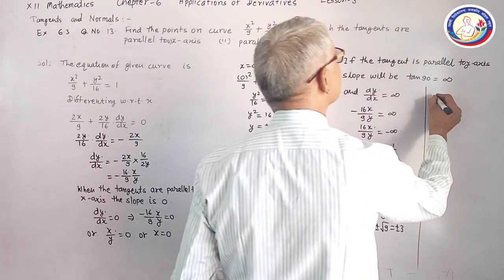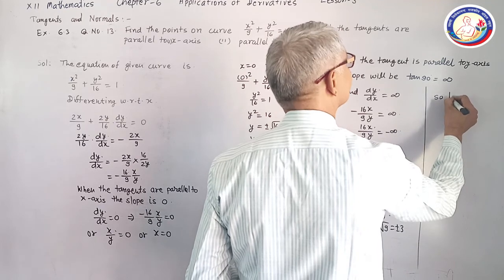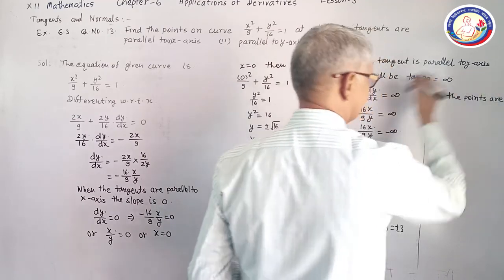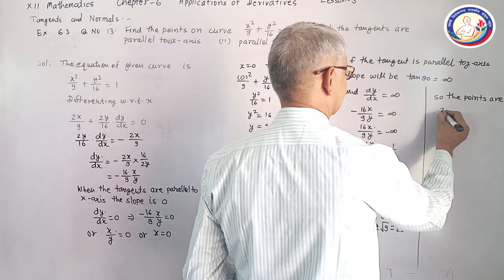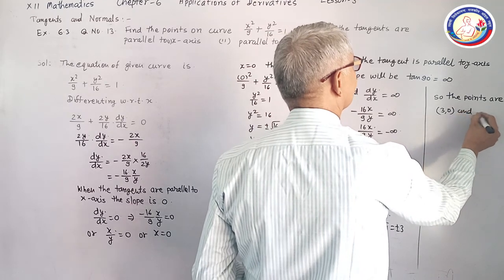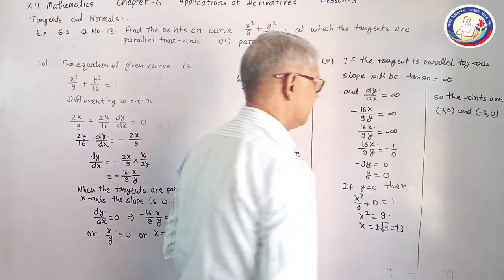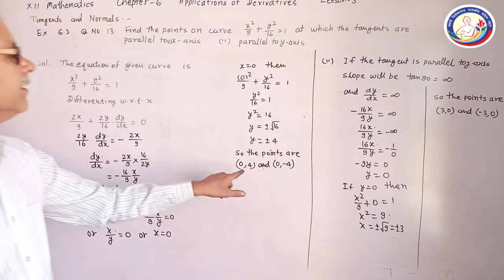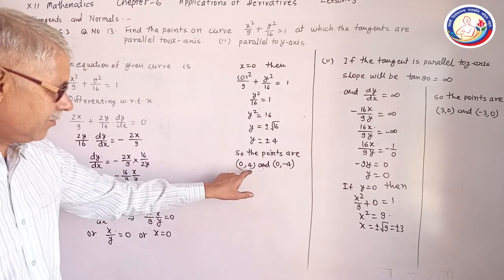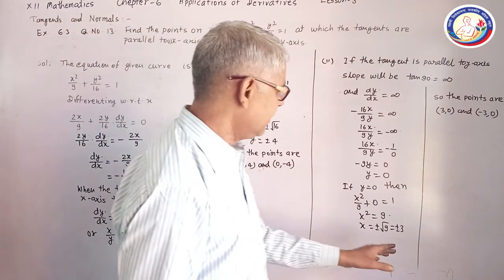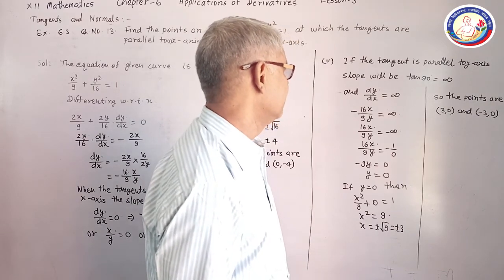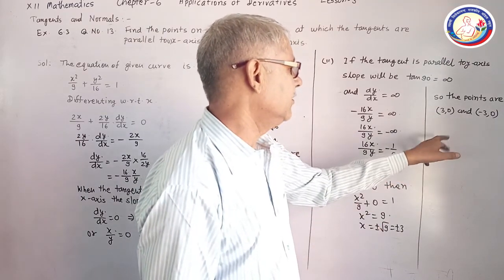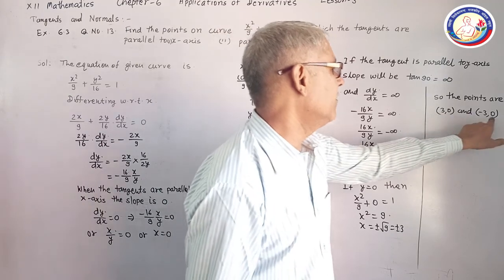So the points will be (3, 0) and (minus 3, 0). So if the tangent is parallel to x-axis, then the tangents will be at (0, 4) and (0, minus 4). If the tangent is parallel to y-axis, then the points of tangency, or point of contact of tangent, will be (3, 0) and (minus 3, 0).